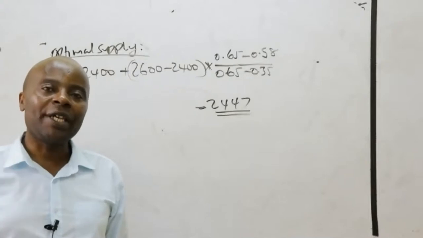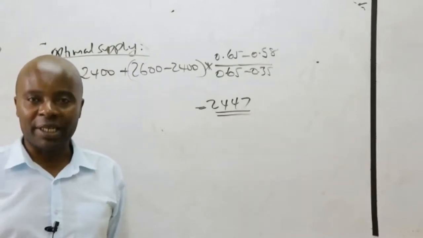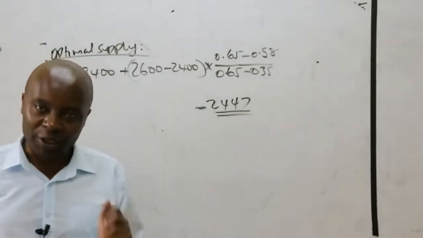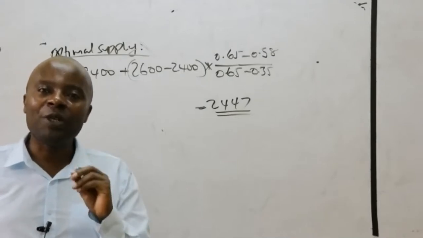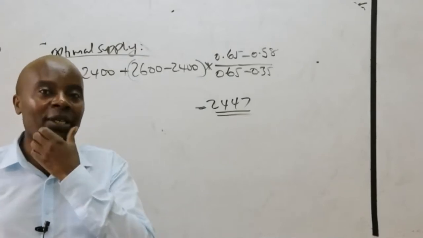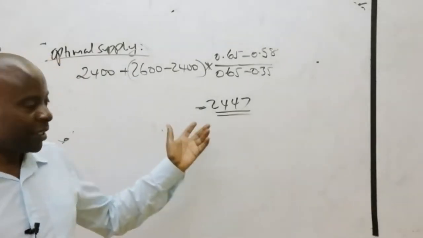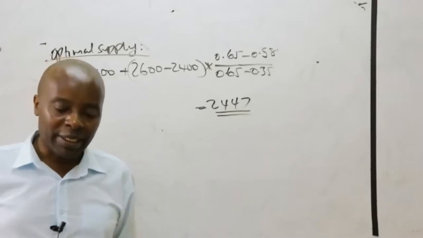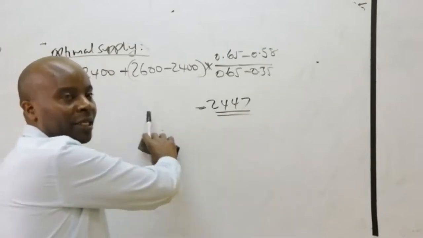So there are two ways of tackling a question of perishability. The first way is the one that I've shown you, interpolation. The second way is the one we normally use. The examiner will always be specific. He'll tell you whether to use the interpolation method, which is what we have done here, or he'll tell you to use the normal probability distribution.